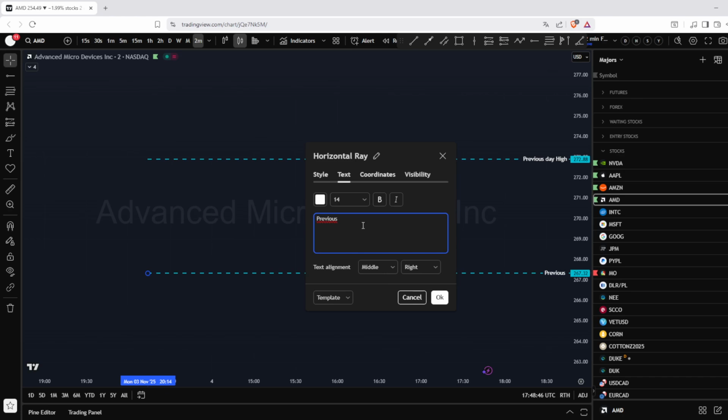This means that the price hit a certain level, and then it went down. And from that range, it never broke higher or lower than that range. So that's your previous day high and your previous day low. And you have indicators to help you, so you don't need to do it manually. It's easier.